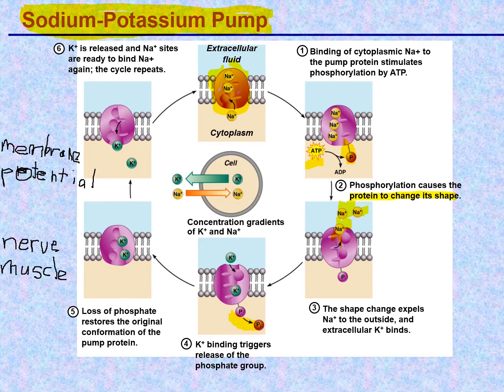Now remember, as shown in the middle of this diagram, because of the concentration gradient differences set up by the sodium-potassium pump, if a channel is open, a sodium channel or a potassium channel, then you have a potential sudden rush in of sodium or out of potassium, right?